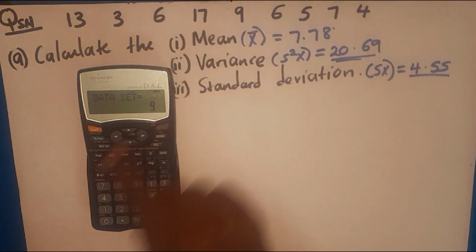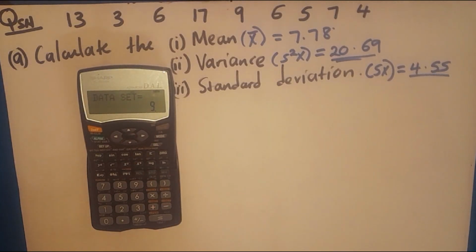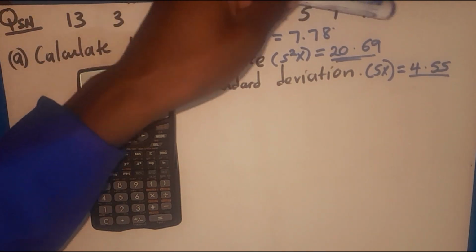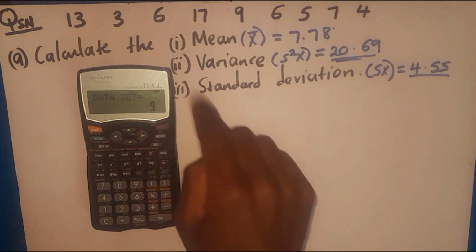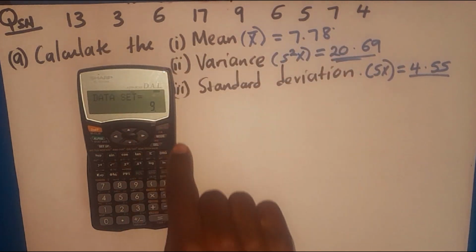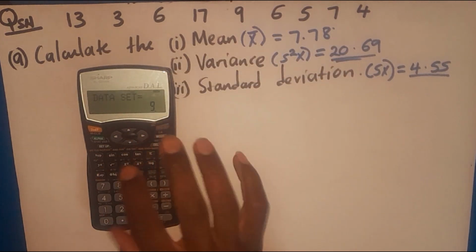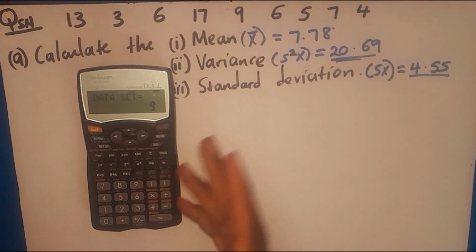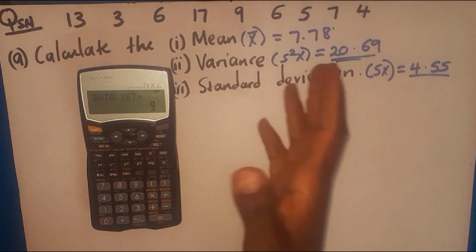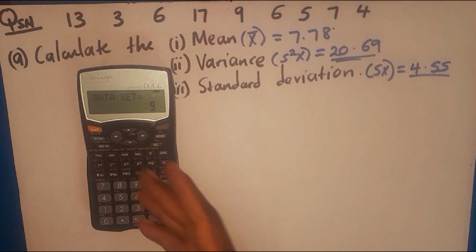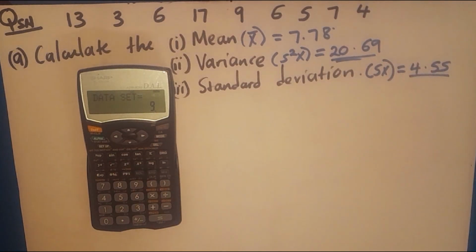Now it's showing 9, which means this is the total number of observations. We can count to confirm if it's correct: 1, 2, 3, 4, 5, 6, 7, 8, 9. If the count is different from the last number, it means you've done something wrong. But here the total corresponds exactly to the total number of observations.